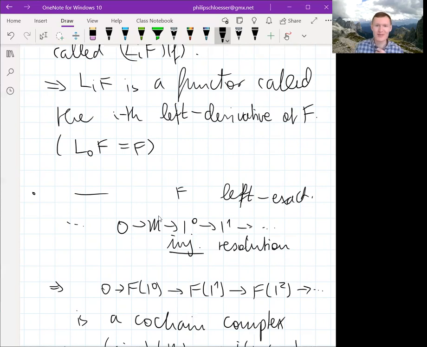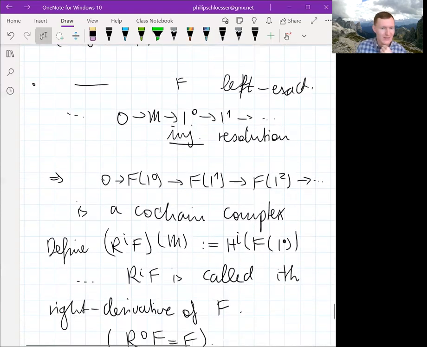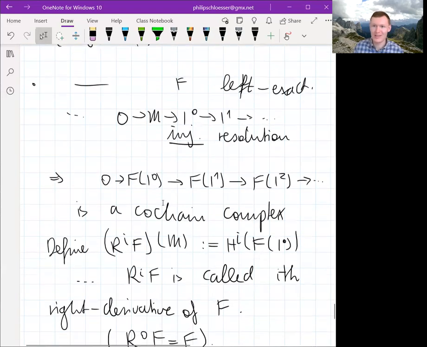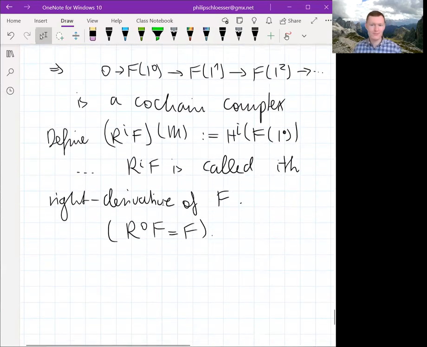I would have to look a bit more into that to write it down explicitly. And that cochain map, you then apply the cohomology.